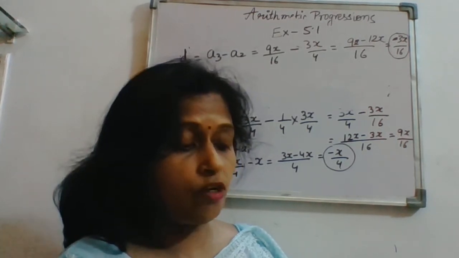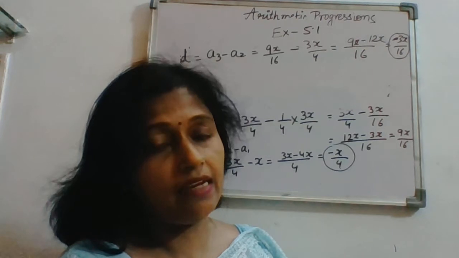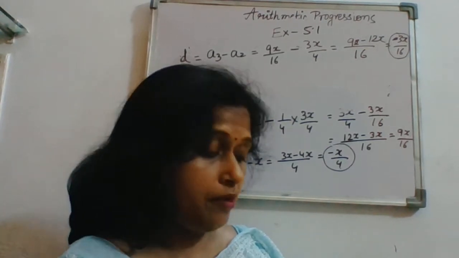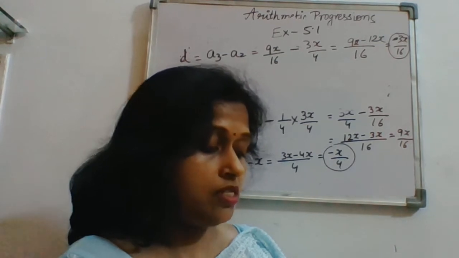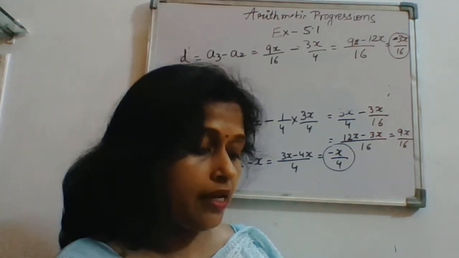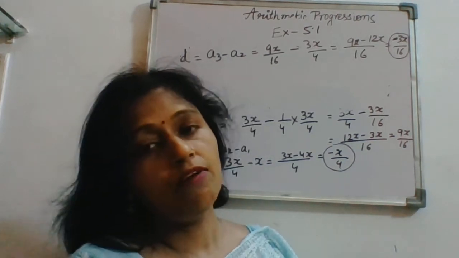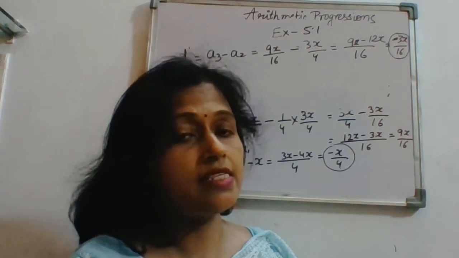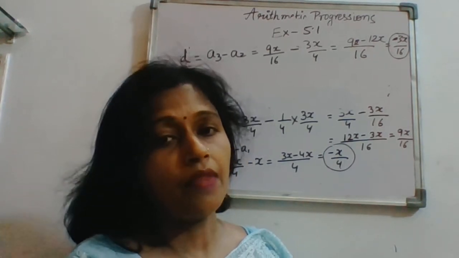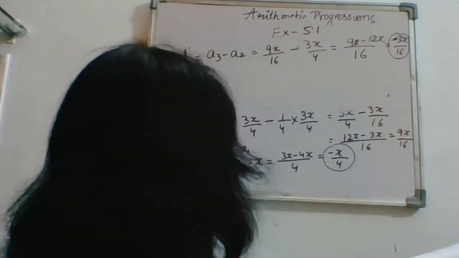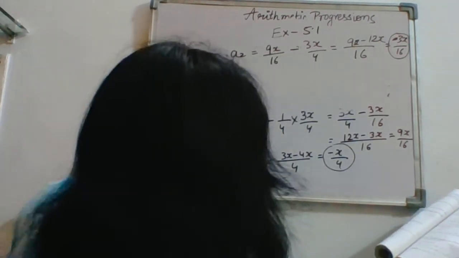When rupees 10,000 is deposited, that means 10,000 is your principal and the rate is 8% per annum. So we have to find for 3 years A1, A2 and A3 and again we will see whether the list of numbers are in AP or not.